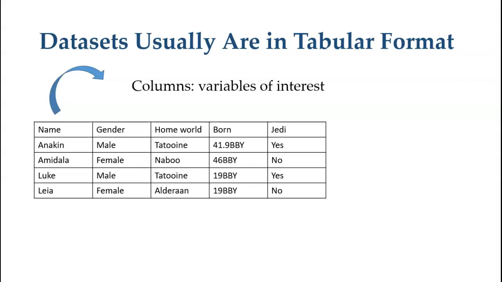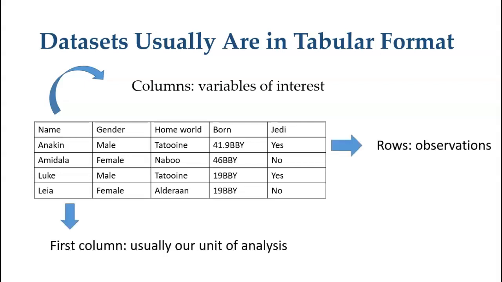What is the common format of datasets? Datasets come in a tabular format, which is a rectangular format, in which the columns are the variables of interest and the rows are the observations, okay? And notice that our first column is usually used to designate the unit of analysis.